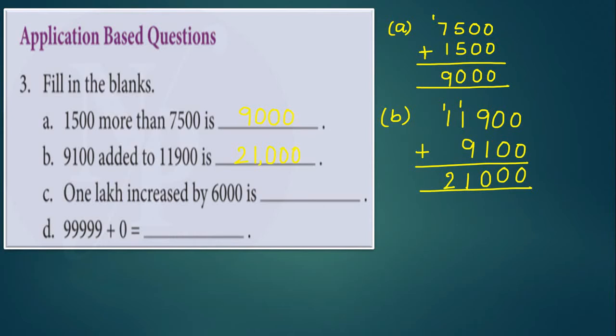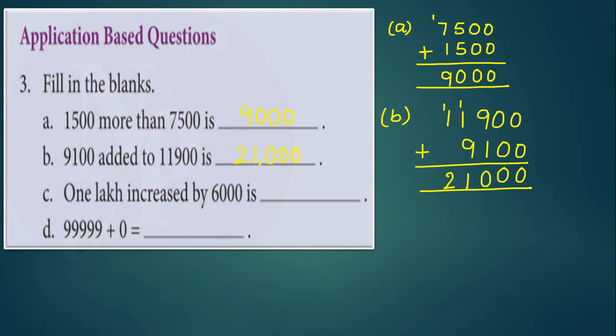C. 1 lakh increased by 6,000 is. So 1 lakh is given in words here. So we should write the corresponding numeral and add 6,000 to get the solution.